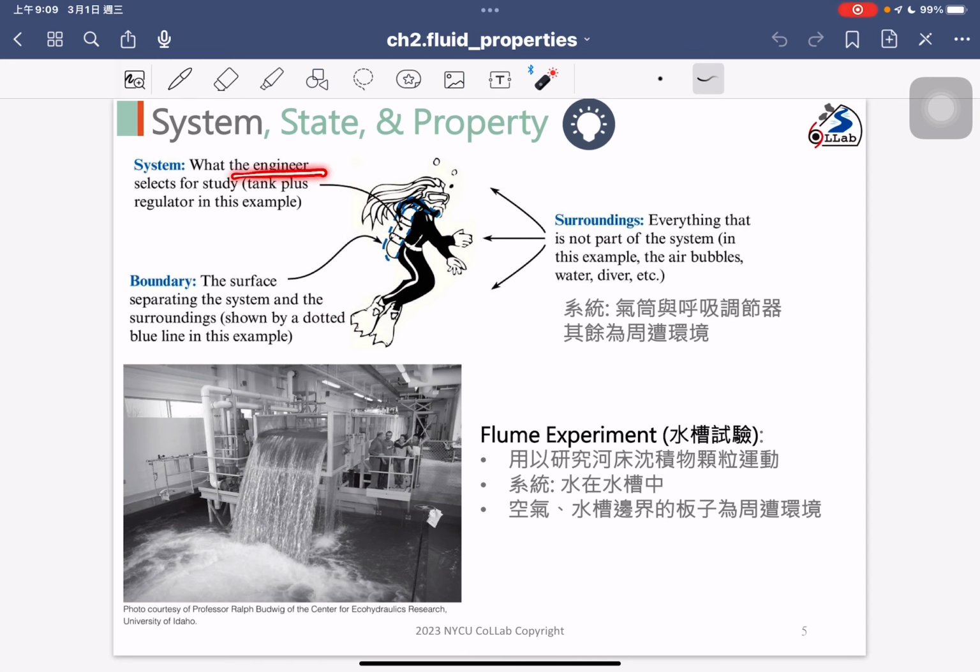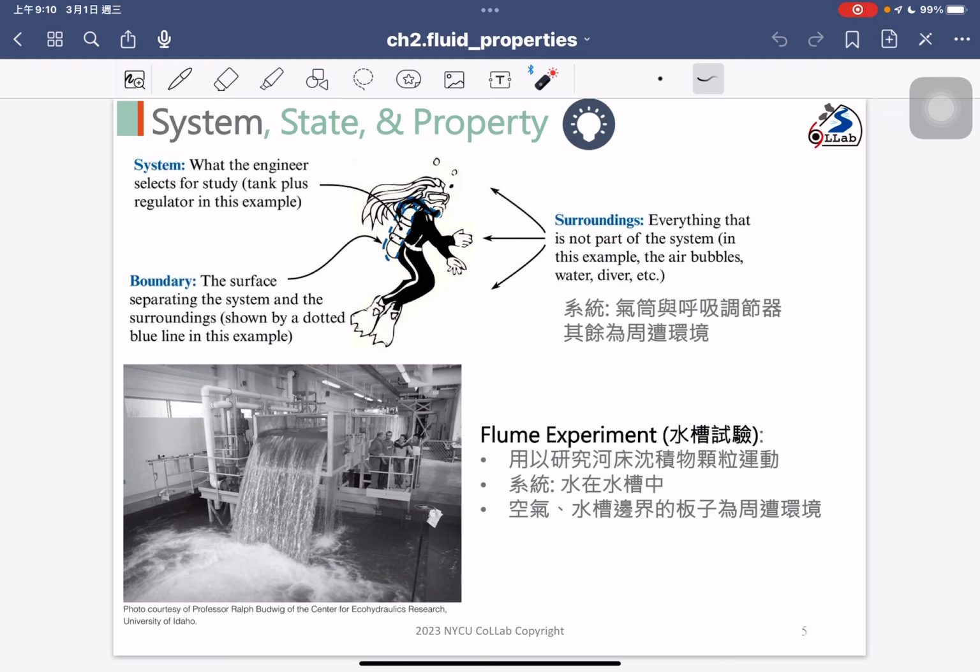Usually the engineer will select the tank here and the regulators here to be the system for this problem. So this is an exercise on water diving, and for me, I will select the tank here and the regulator here to be the system.